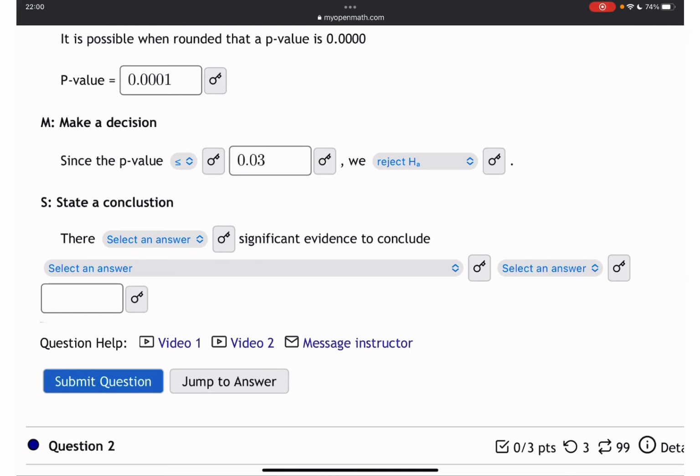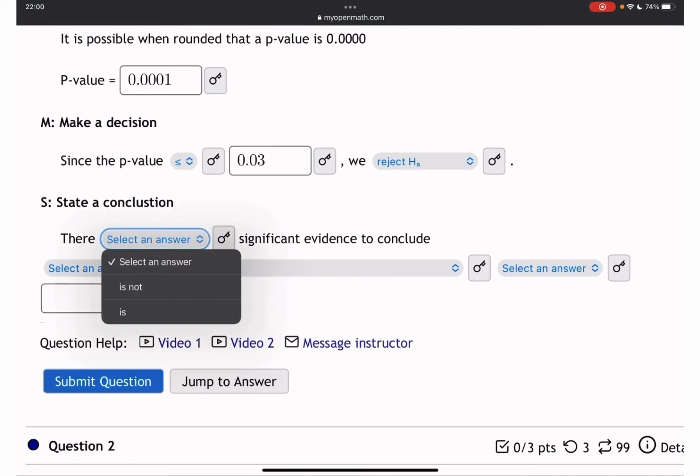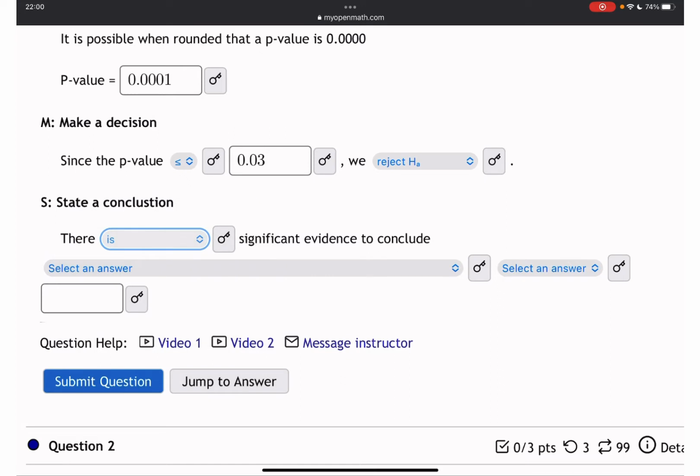So what conclusion can we draw? There is significant evidence because it's less than. That means we reject the null hypothesis.